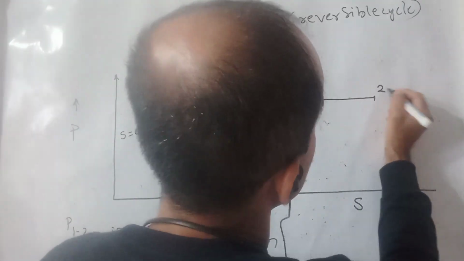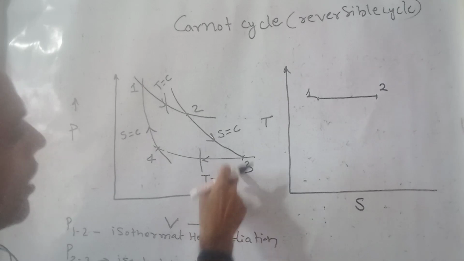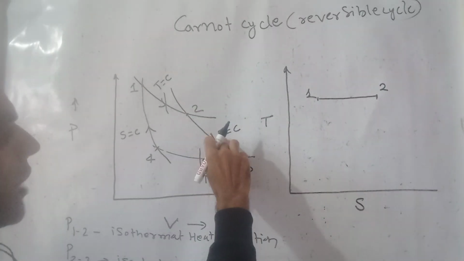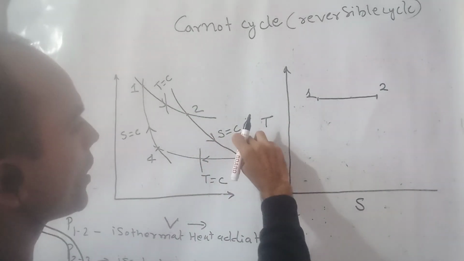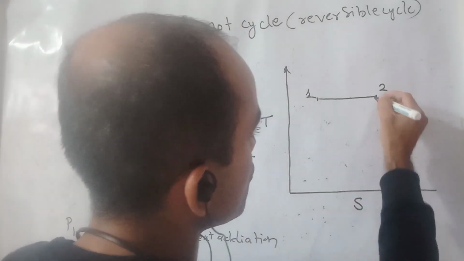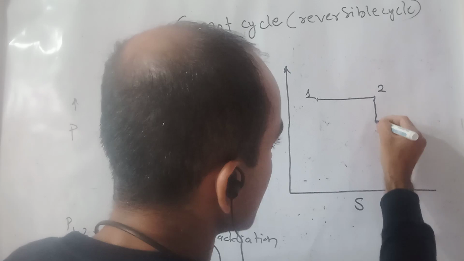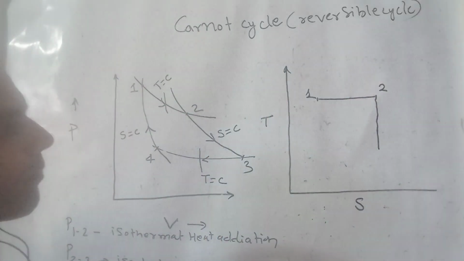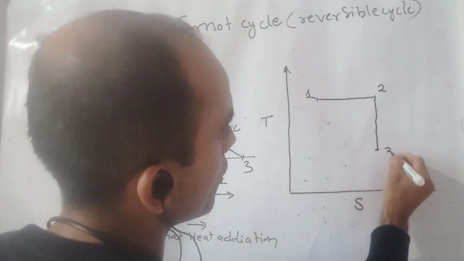Now this is point 2. Now 2 to 3, isentropic expansion, means entropy remains constant. Entropy is represented along the x-axis, so this line goes straight vertical. Now this is point 3.